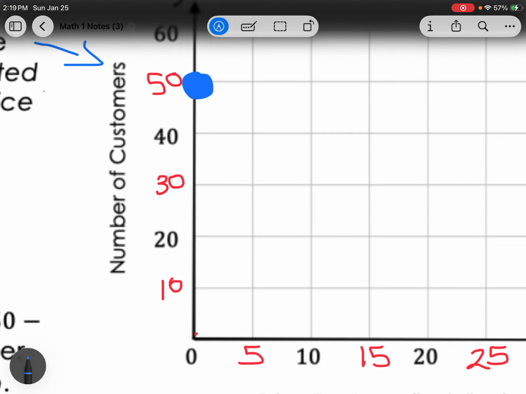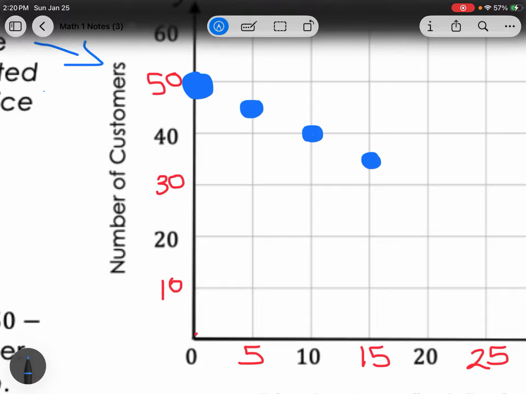Now that I've stated that, if we had $5 per jump, we would have had 45 customers. If we had $10 per jump, we would have 40 customers. If we had $15 per jump, we would have 35 customers.